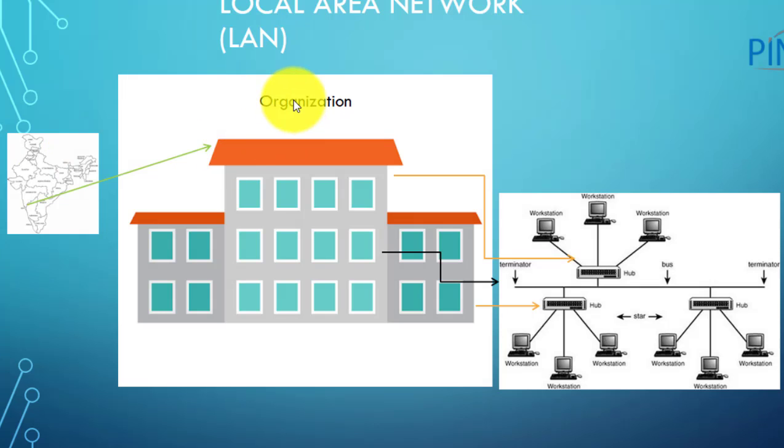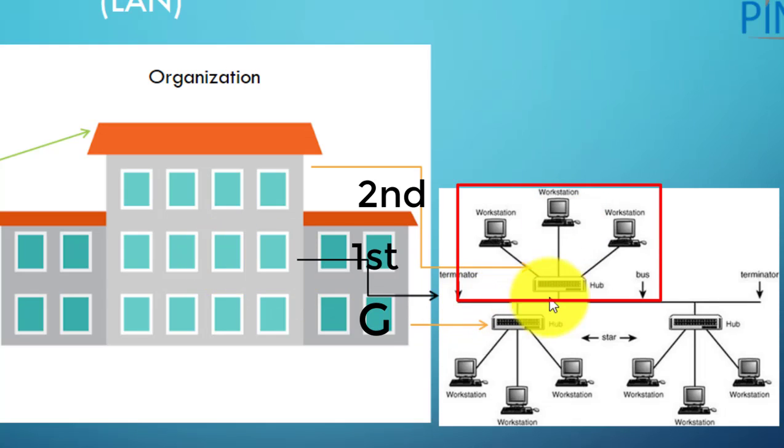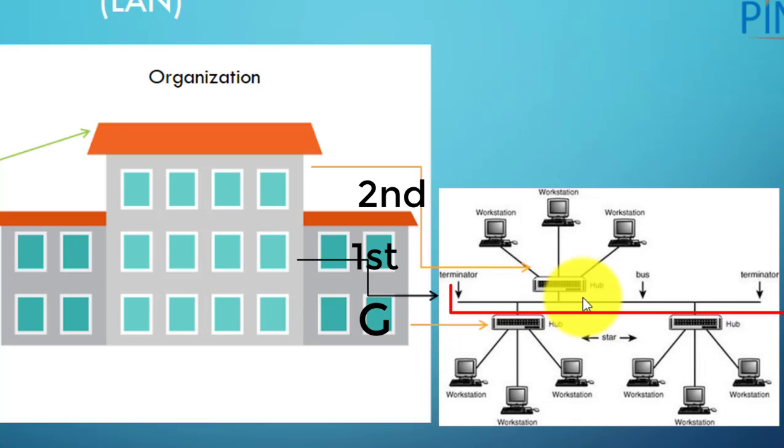This organization has an office in Bangalore, in Karnataka. This organization has 3 floors: a ground floor, a first floor, and a top floor. On the ground floor, I have a topology here, which is your star bus topology. I also have a topology on the top floor, and in the middle floor, I have the bus which basically connects the top floor and the ground floor.